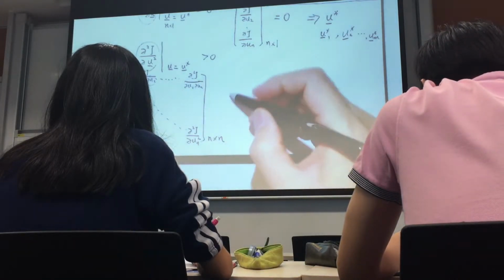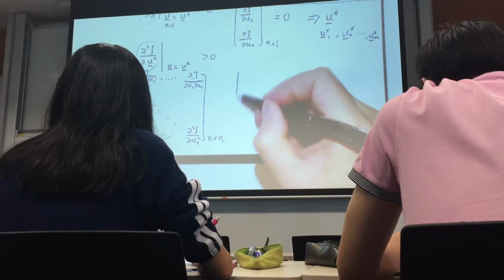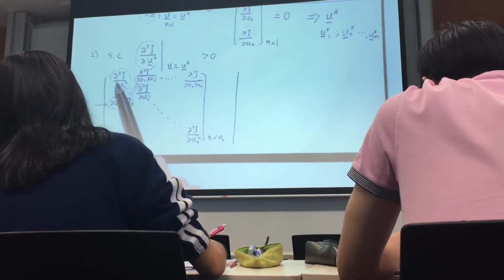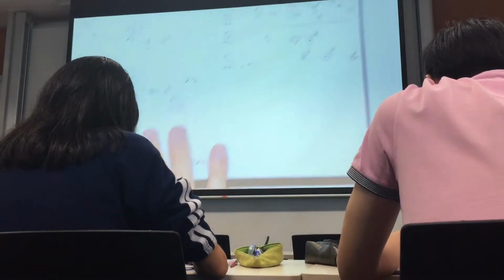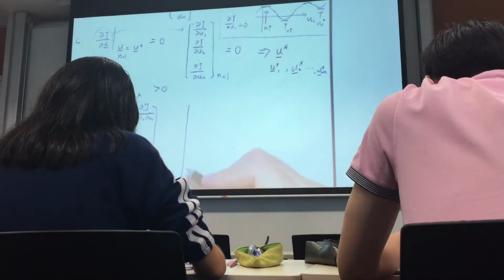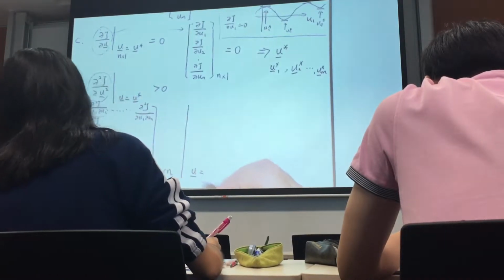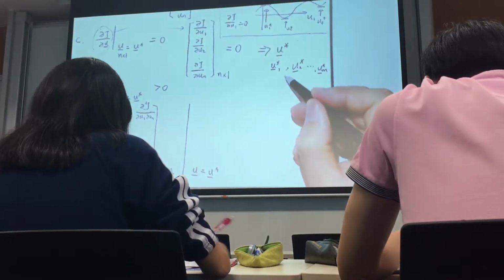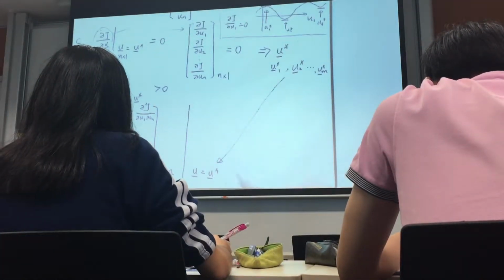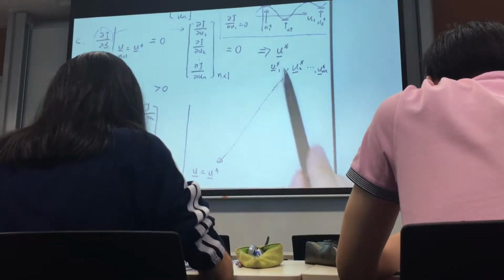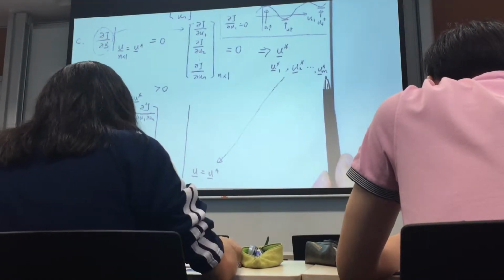Next is to evaluate the value of this matrix at these potential points. We evaluate u at u star, and u star is determined from the first step. From the first step, you can evaluate the m points.